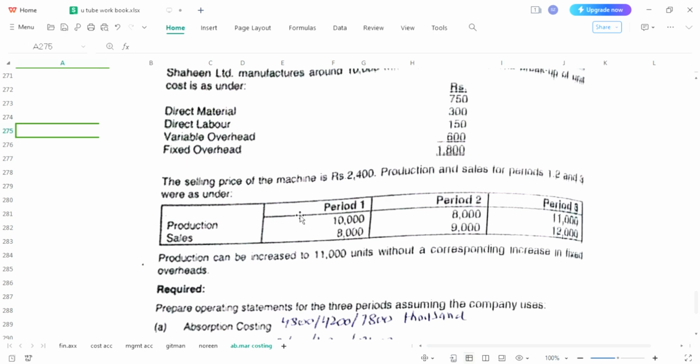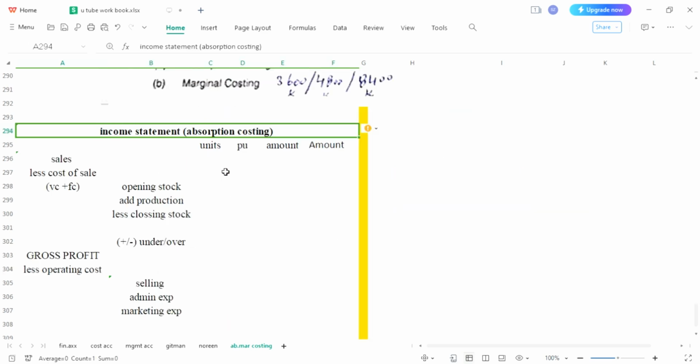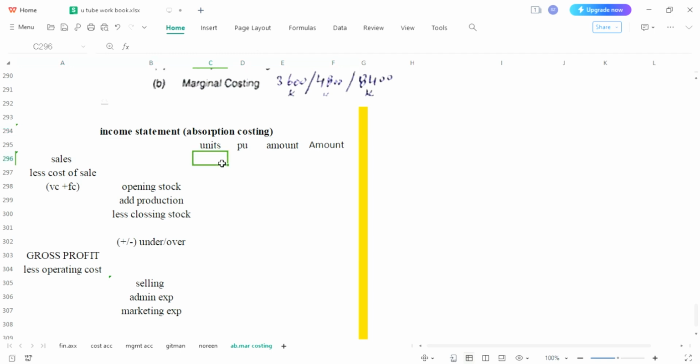Now for the first period, sold units are 8,000, so you will go over here, sold units 8,000. Since it's the first period, and you are just starting your production, there will not be any opening stock, as we know, so we are putting it 0.